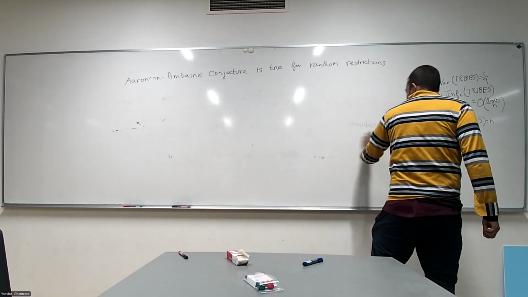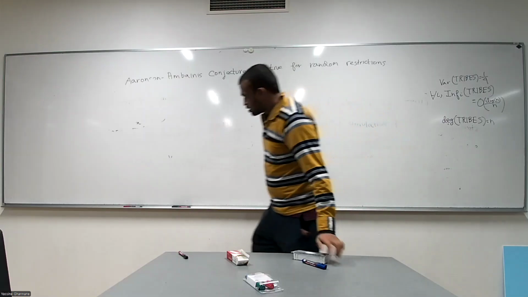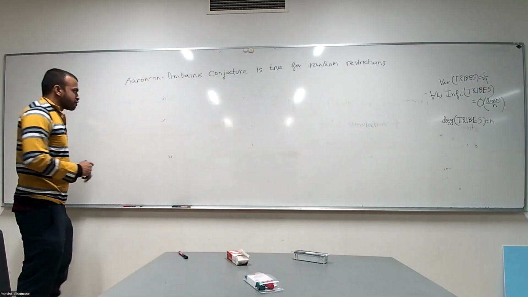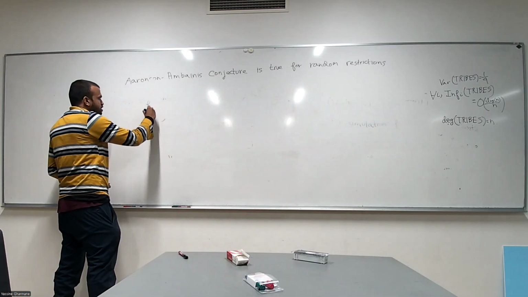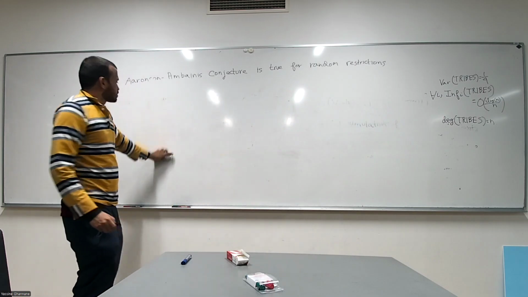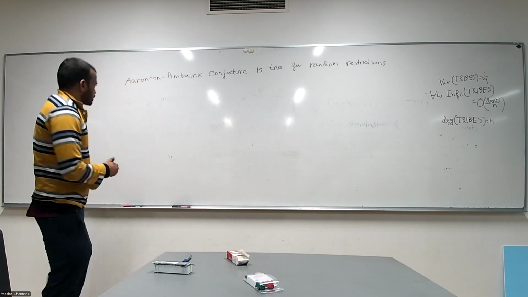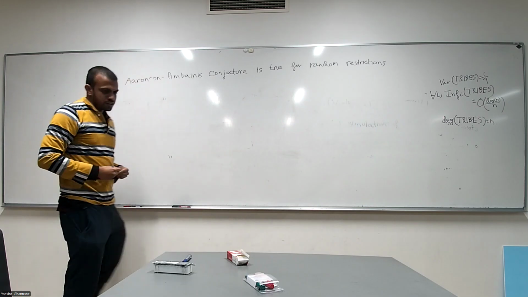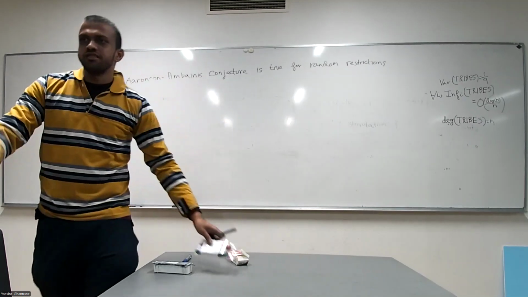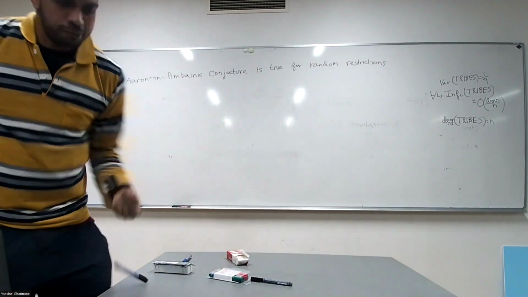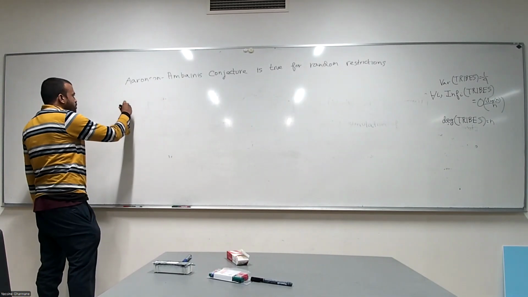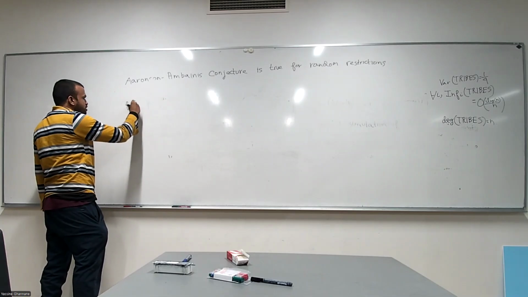Let me just introduce analysis of Boolean functions in very short. Let's say you have a function from the Boolean hypercube to the reals.